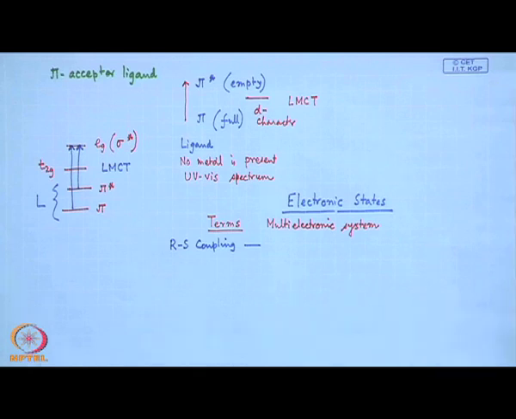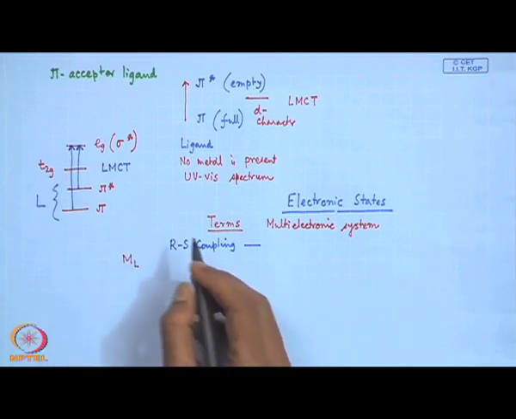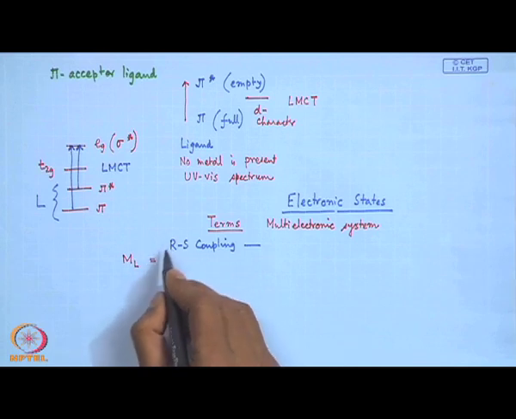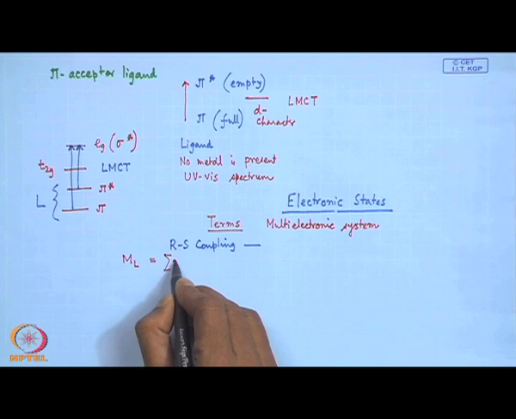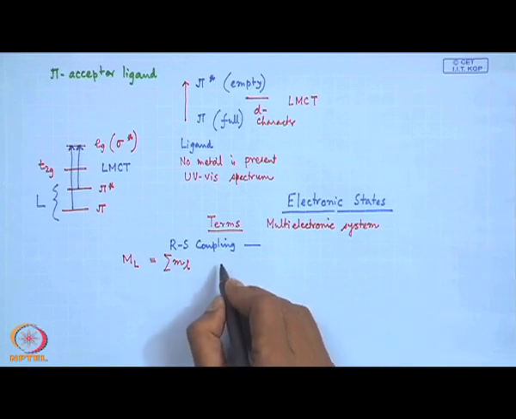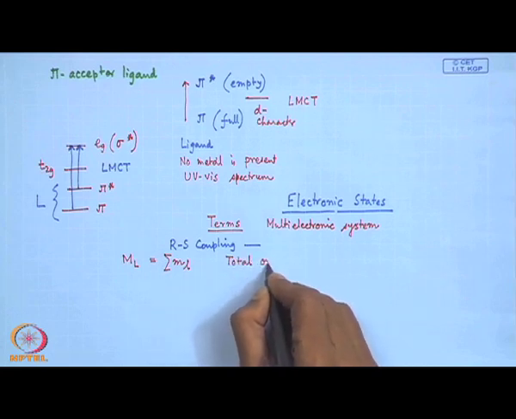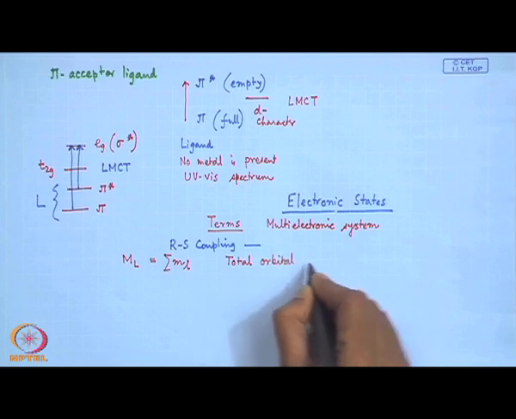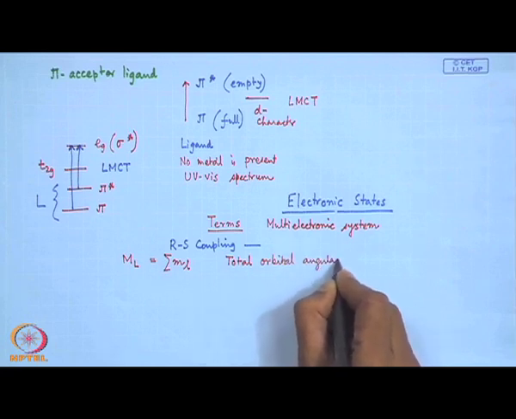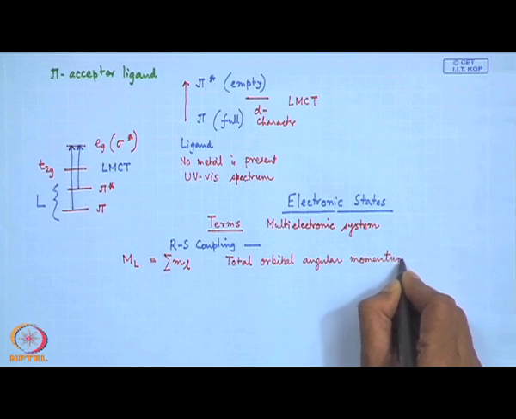In this coupling, what we find is that the ML value for a multi-electronic system is the summation over the individual ml values, the individual orbital angular momentum values, which gives us the total orbital angular momentum.